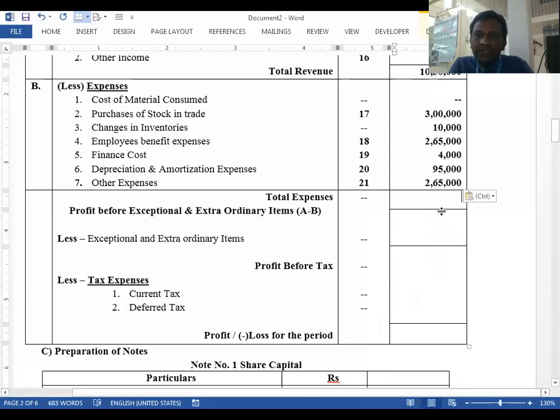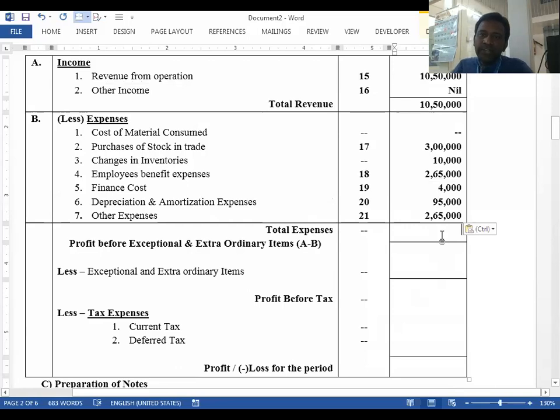Now close the total expenses. 3 lakh plus 10,000 plus 2,65,000. Notes number 21 is 1,99,300. How did you send 2,65,000?